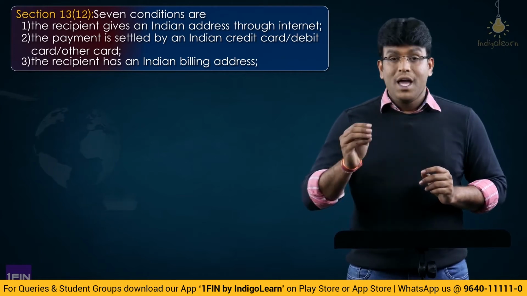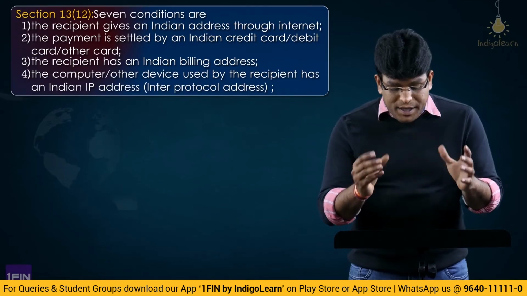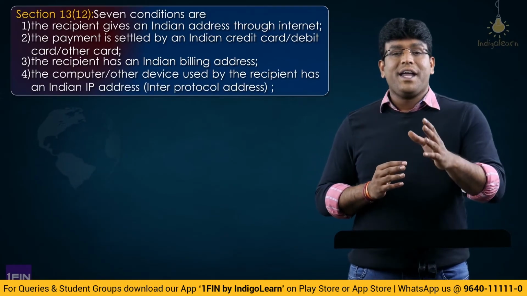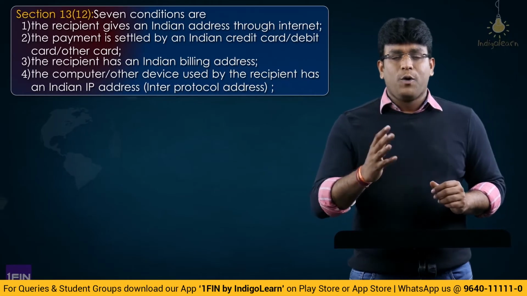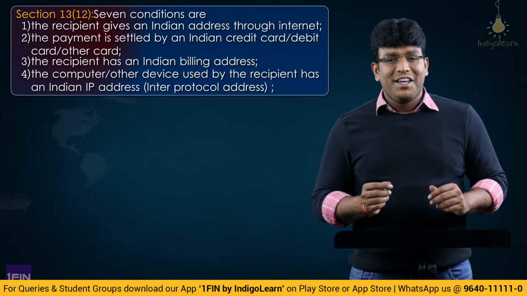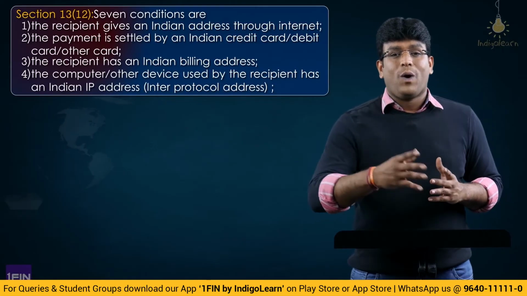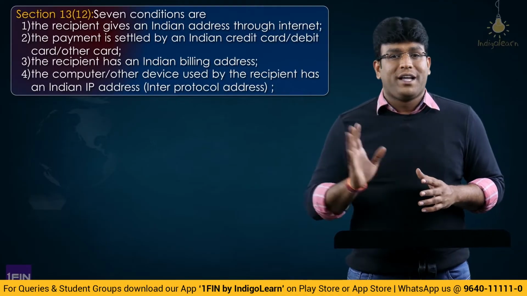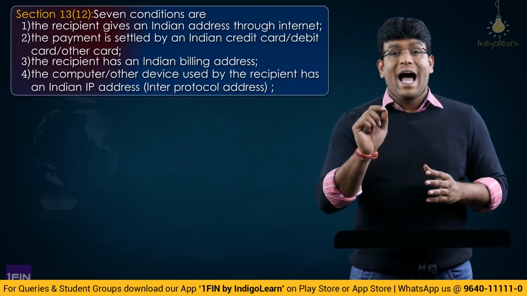Fourth condition, computer or other device used by the recipient has an Indian IP address. I hope you know that IP stands for Internet Protocol Address. In general, we have got a concept of 192.168.1.1 or 1.0, 1.100. Like that, we keep finding IP address.